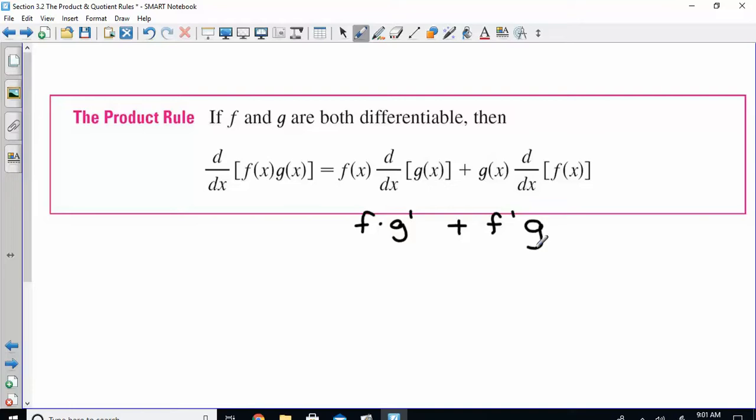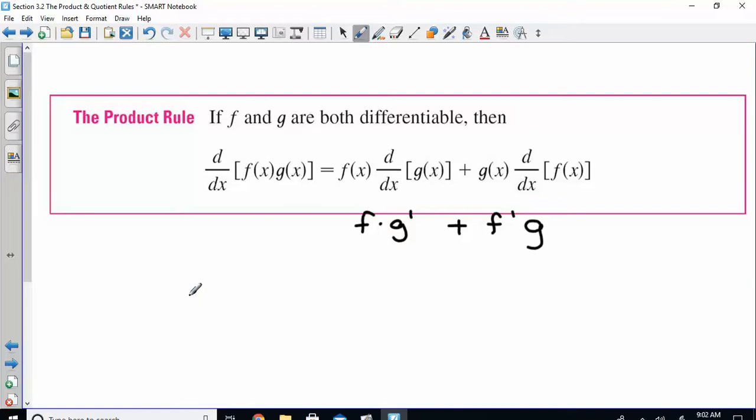So if we had three things being multiplied, we would extend this and we would have three terms in our final answer. We would do the derivative of the first one, the other two would stay the same. Plus, then we do the derivative of the middle one, and the other two stay the same. Plus, then you do the derivative of the last one, and the other two stay the same. So in the product rule, you do one derivative at a time, nothing else changes, and then you add those together.